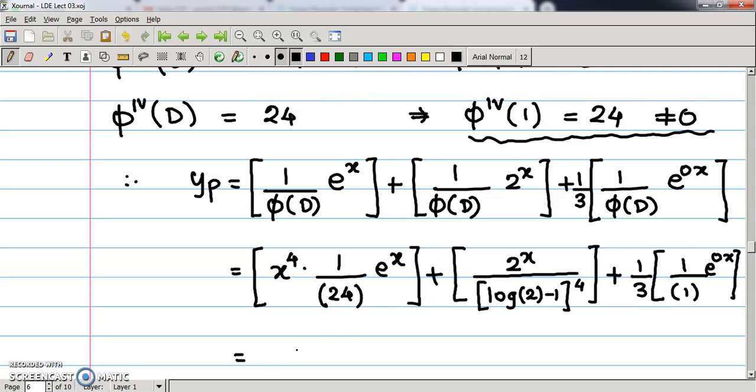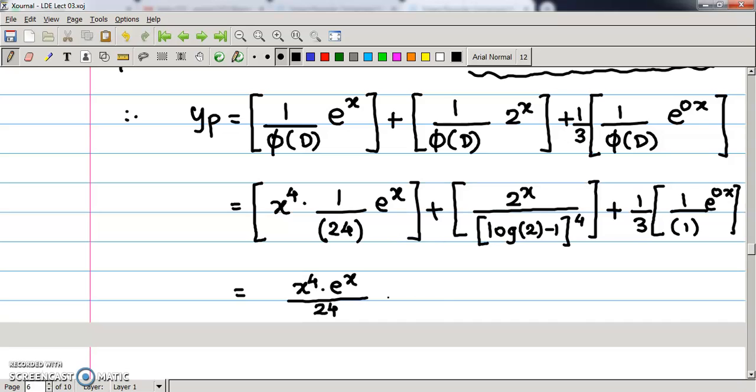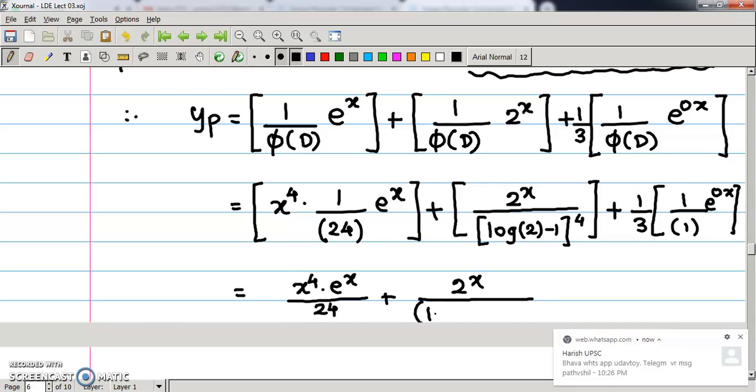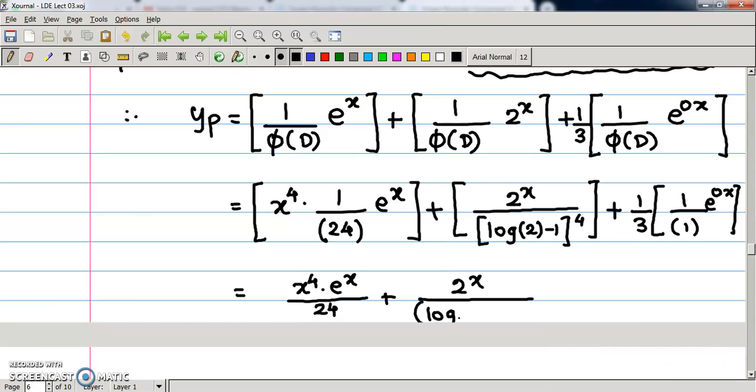If we compile them together, x^4 e^x/24 + 2^x/(log 2 - 1)^4 + 1/3. So this is your required particular integral.